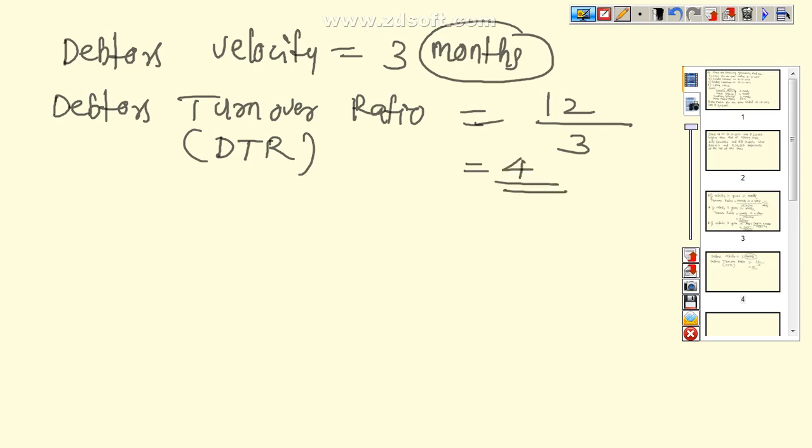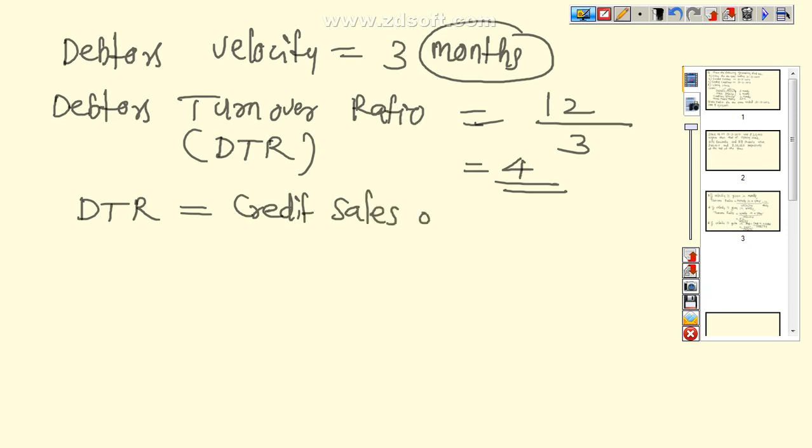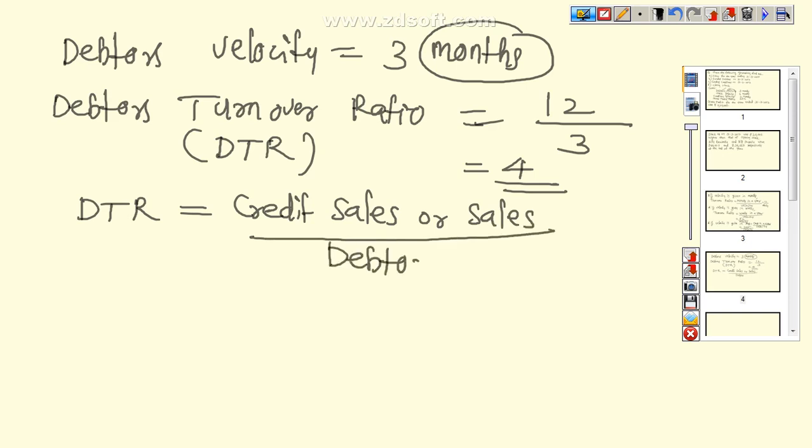Now, what is the formula for calculating the debtors turnover ratio? Debtors turnover ratio is equal to credit sales, or if credit sales is not given, we can consider sales, upon debtors. Here we know the value of DTR, 4, which we have calculated.